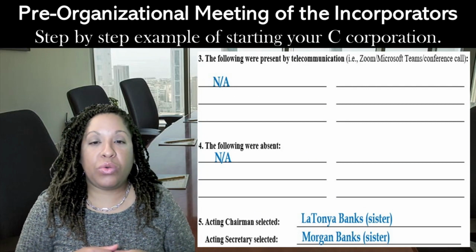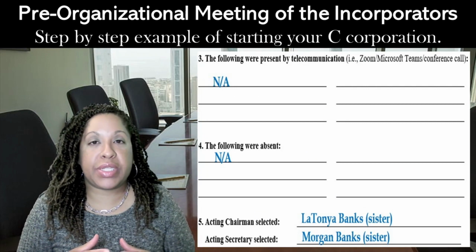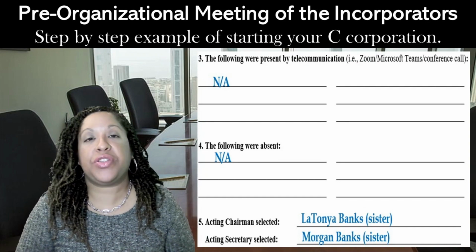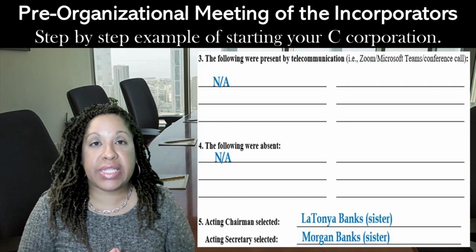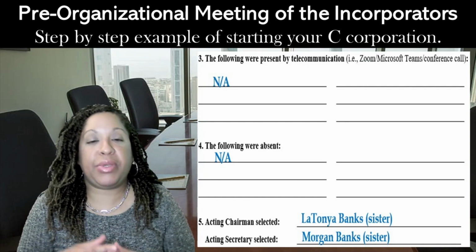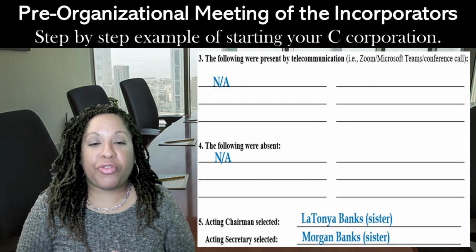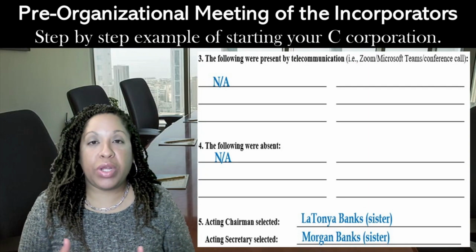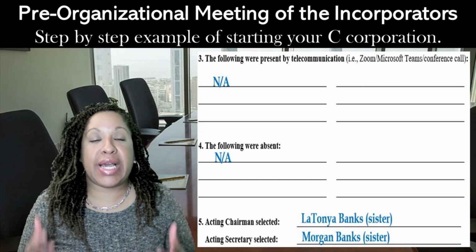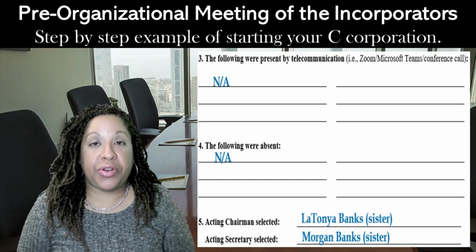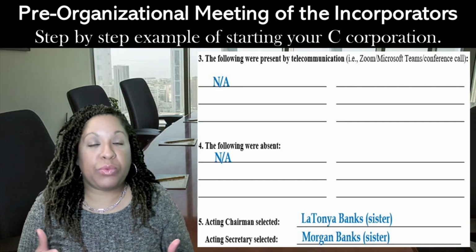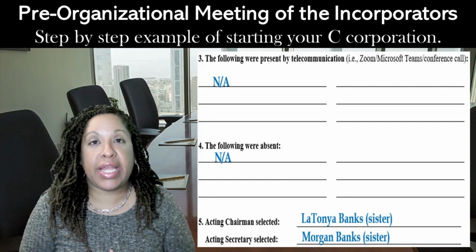So if someone was an incorporator but was attending the meeting via telecommunications, number 3, you would record them in that section, but everyone will physically be there. So I just put not applicable or NA. Number 4, if anyone was an incorporator but could not attend and was absent, you would put their name in that section, but everyone will be attending. So it's NA, not applicable.